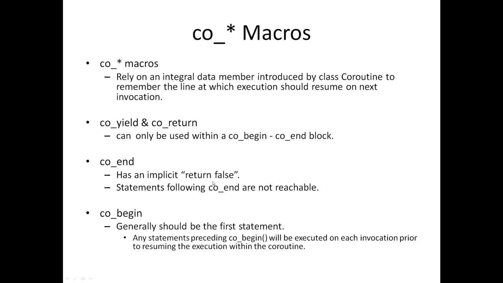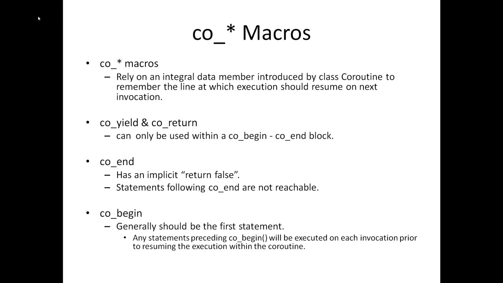The co-end macro has an implicit built-in return false statement, which basically implies that any statements following the co-end macro will not be reachable. What this means is this macro should preferably be the last statement in the function call operator's body. Similarly, the co-begin macro should be the very first statement in the function call operator's body.